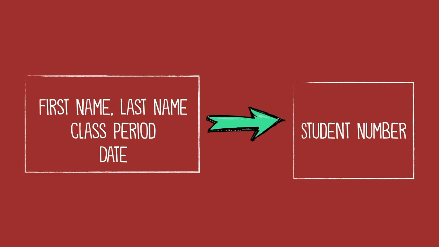So if there was ever peer feedback or kids needed to pass back papers, it was just a much simpler way of doing that. And then it also made it much easier for me to organize my papers, so I could just put them into numerical order and then use that when I went to put things into the grade book. But on top of that, it saved a lot of classroom time.